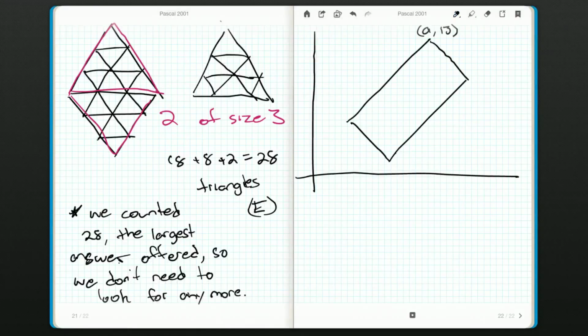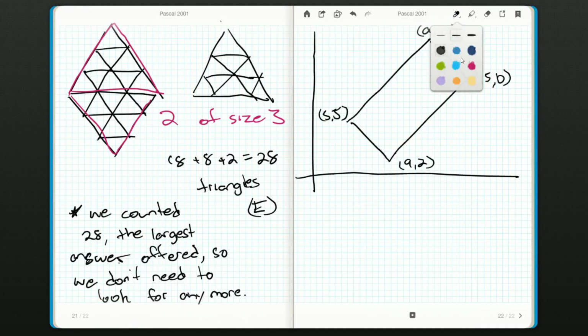So it's (a, 13), (15, b), we have (5, 5) down here, and (9, 2). Now because it's a rectangle, these two lines are parallel, and they're also equal.